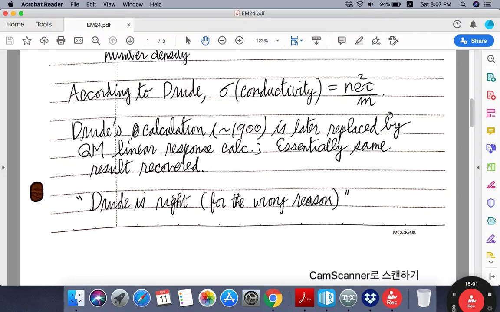So Drude's expression for the electrical conductivity is one of those examples where somebody got the right answer very early on, but not necessarily for the right reason. But somehow his effort was met with quite a bit of good fortune, in that the answer remained correct even after the more sophisticated and correct calculations were performed much later.